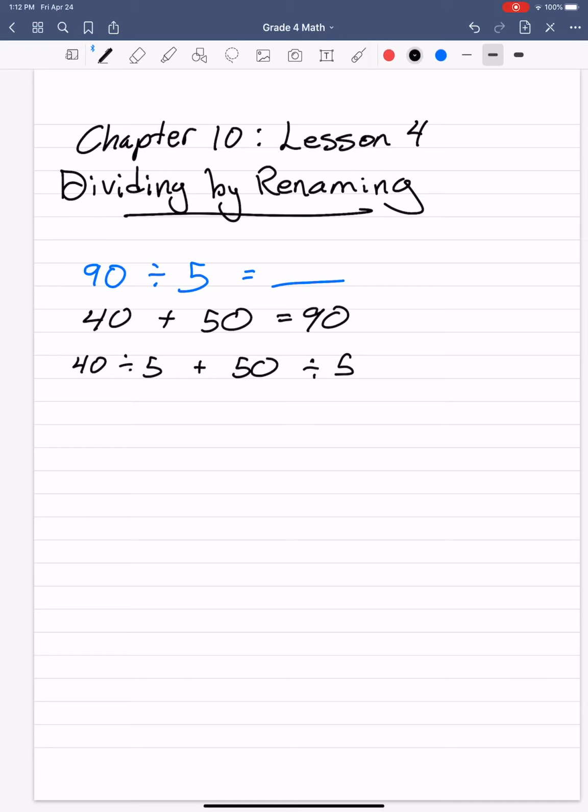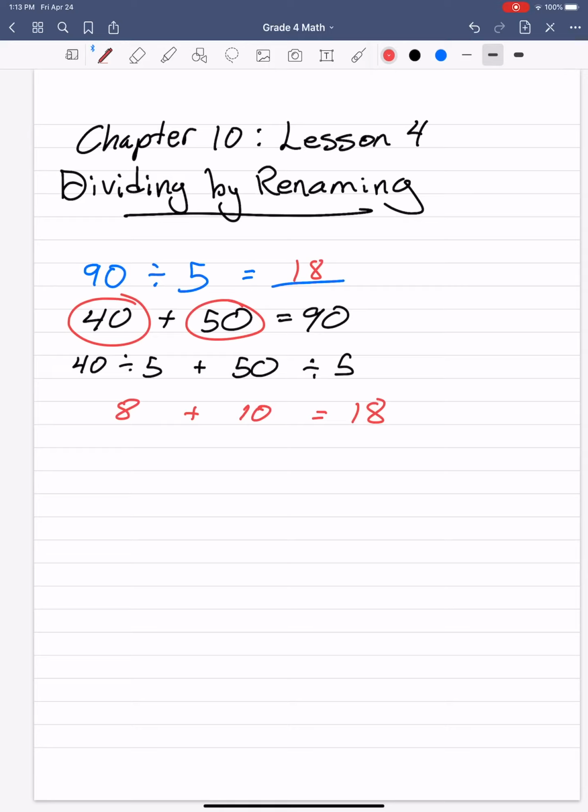So I'm going to divide the first number by 5 and the second number by 5, and I'm going to add the answers together. Okay, so 40 divided by 5 is 8, and 50 divided by 5 is 10, and when we add those together, we get 18. So 90 divided by 5 is 18.